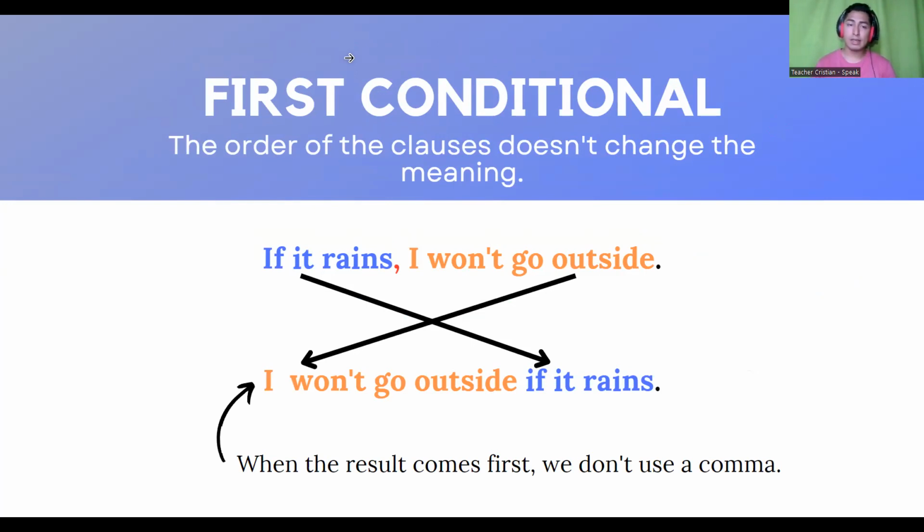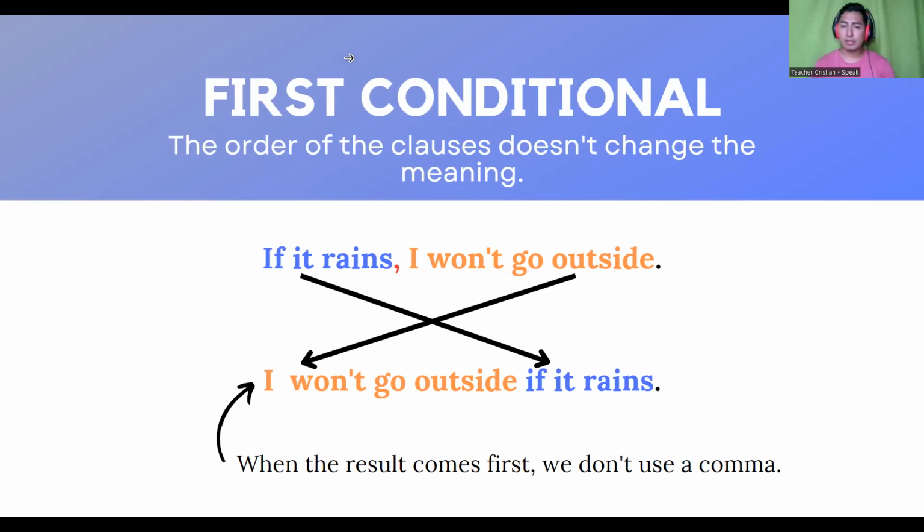The first sentence says, if it rains, I won't go outside, because I don't like to be wet. So that's something I consider possible. In the second sentence, we use the same idea, but in a different order: I won't go outside if it rains.